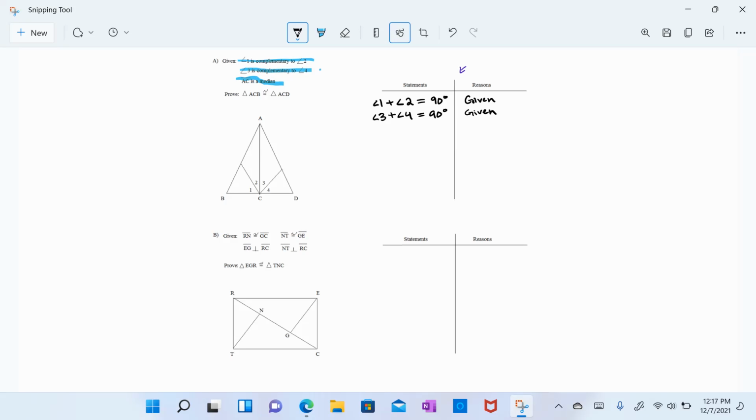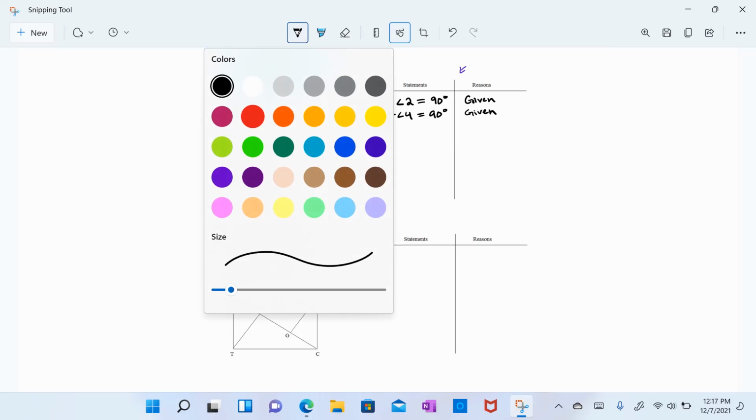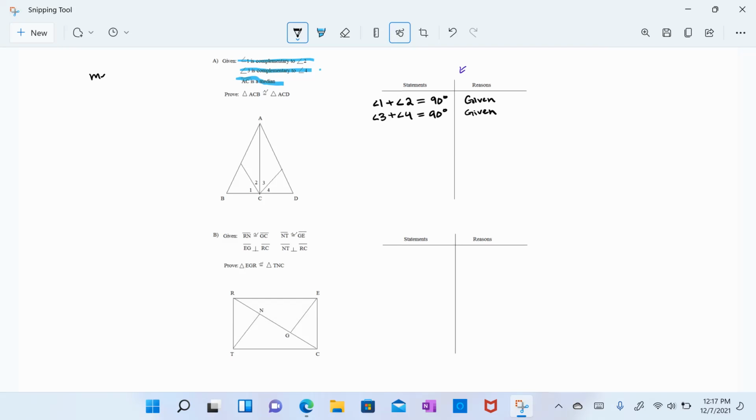And we know that line AC is a median. So by the definition of a median, we're going to write the definition of median over here. A median is a line that starts at a vertex and bisects the side opposite to it.